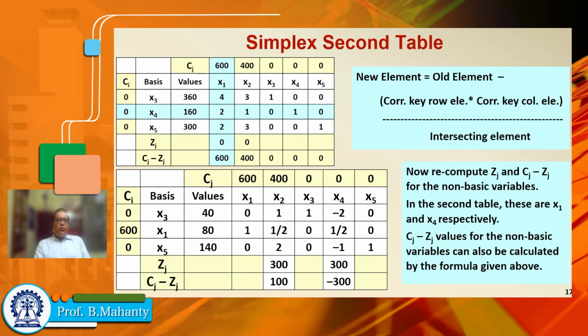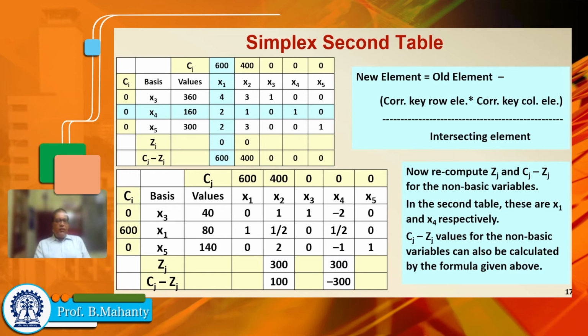What is the cost of 1 unit of x3? 0. Cost of half unit of x1, half into 600, 300. And how much is the cost of two units of x5? 2 into 0, 0. So net value is 300. 1 into 0 plus half into 600 plus 2 into 0. So that is 300 will be the Zj.